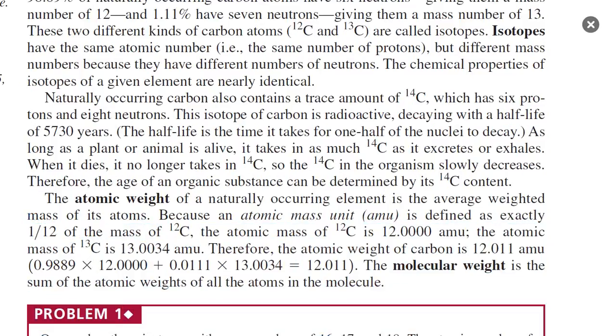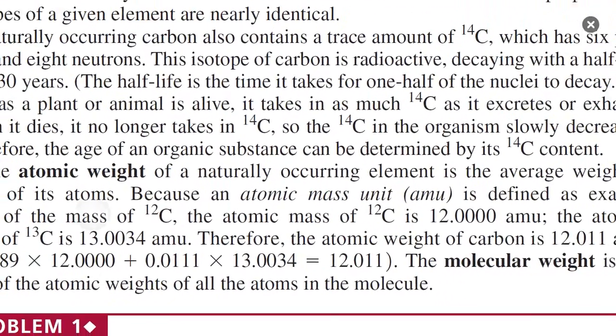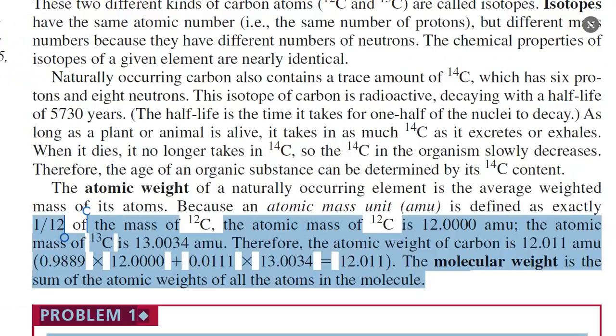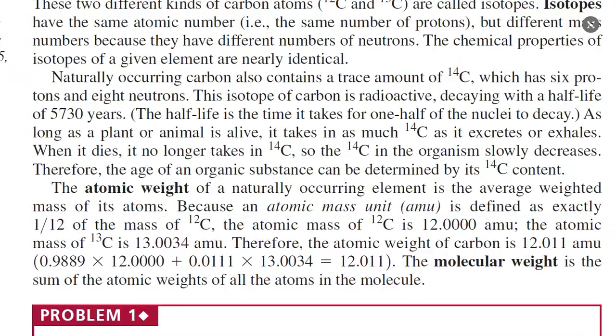So this is a carbon, right? And I'm going to make it a little bigger for you. So the AMU here is defined exactly as 1 over 12 of the mass of carbon 12.